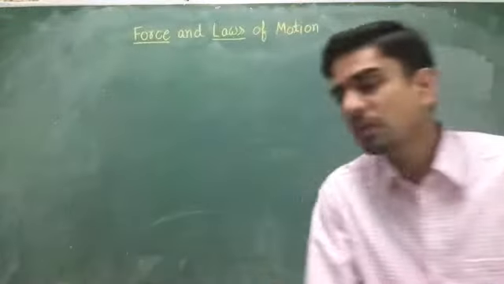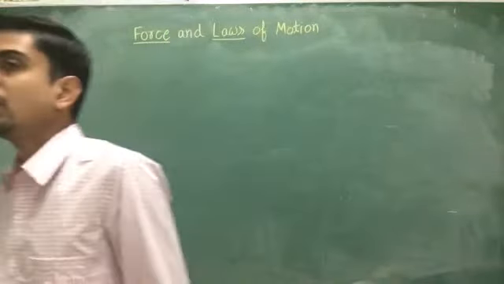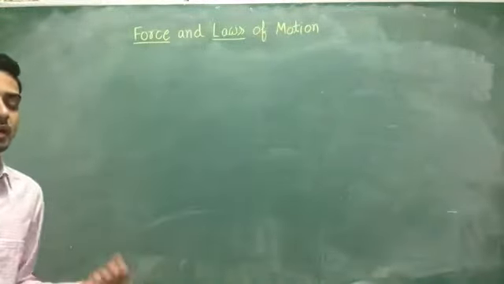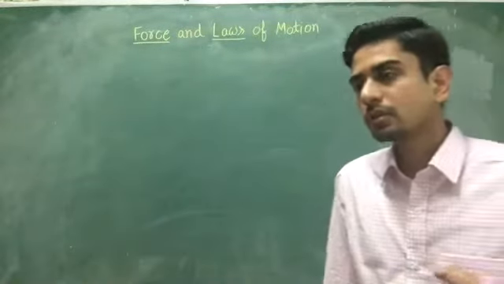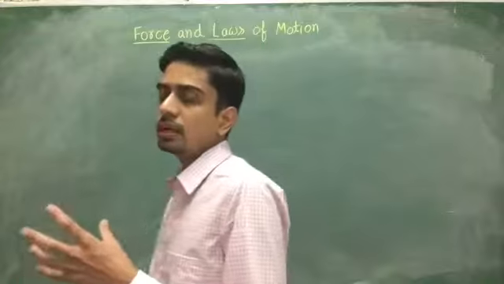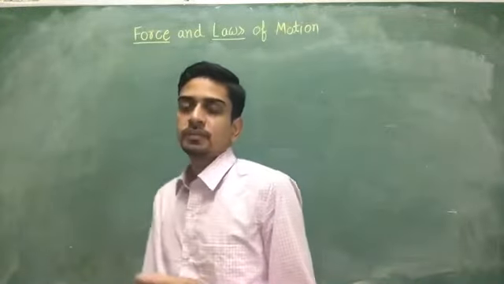So force may be equal, but it does not mean acceleration will be equal. Acceleration depends on the mass of the object. So if the forces are equal, you need to consider mass.